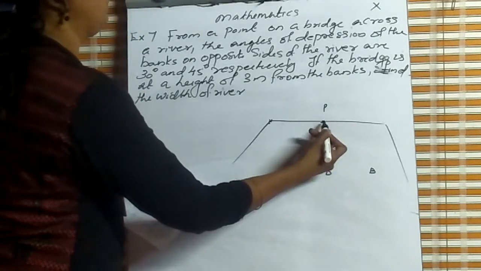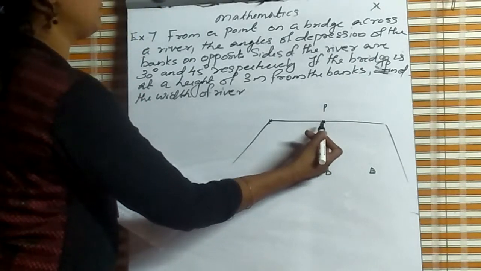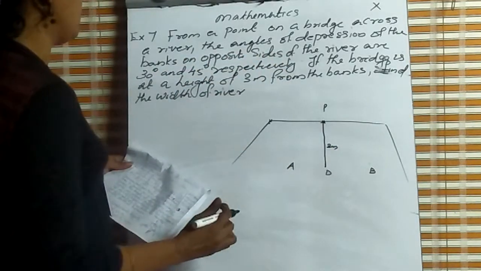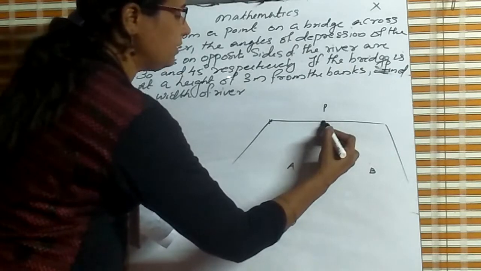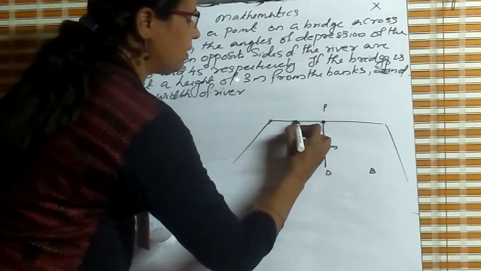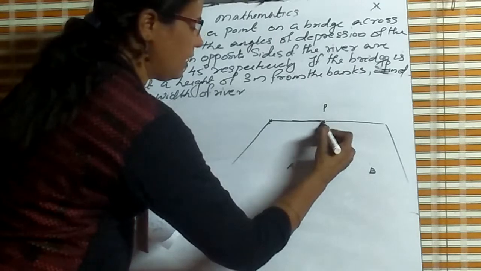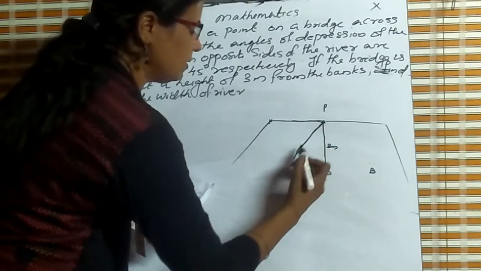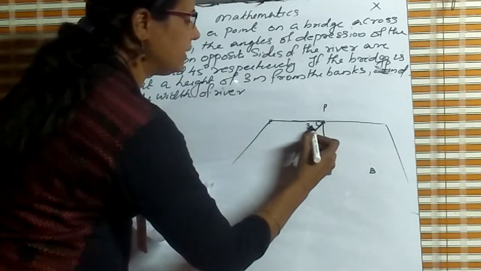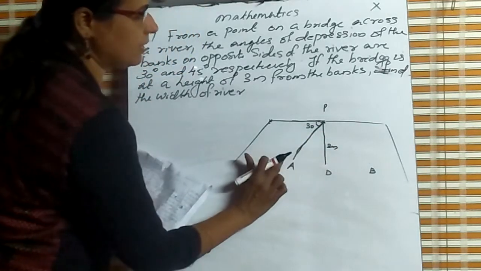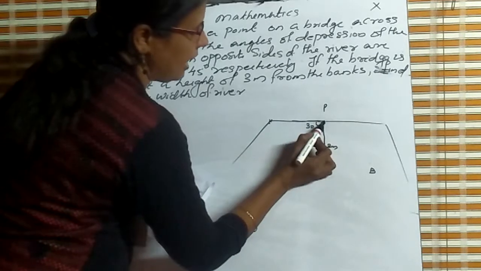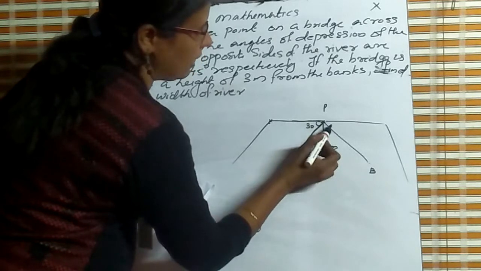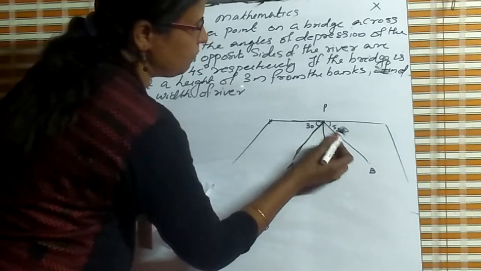From a point P on a bridge across a river, the angles of depression of the banks on opposite sides of the river are given. A man is observing. One ray goes horizontal and another ray is the line of sight. On one side he observes at an angle 30 degree, and on the other side he observes 45 degree.